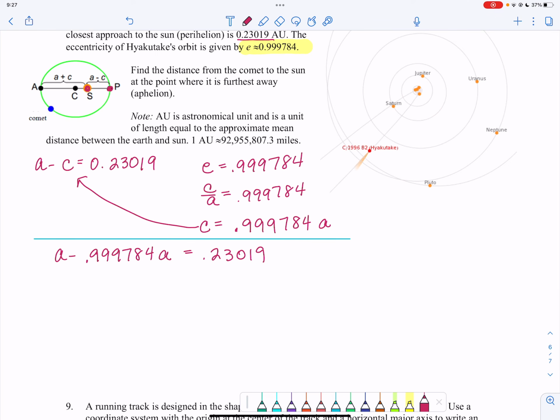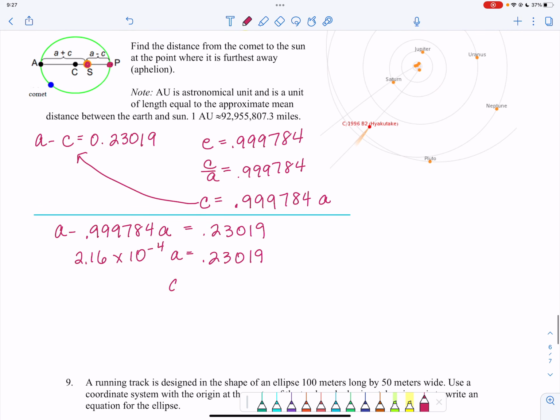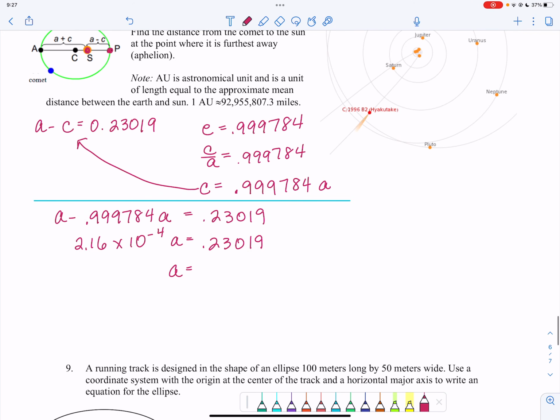And as you can see, we will have 1 minus that 0.99, and I can show you that on the calculator, is 2.16 times 10 to the negative 4 A is equal to 0.23019. And if you divide both sides by 2.16 times 10 to the negative 4, you'll come up with A is equal to 1065.694.